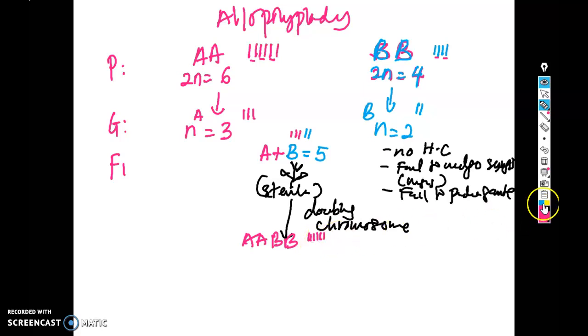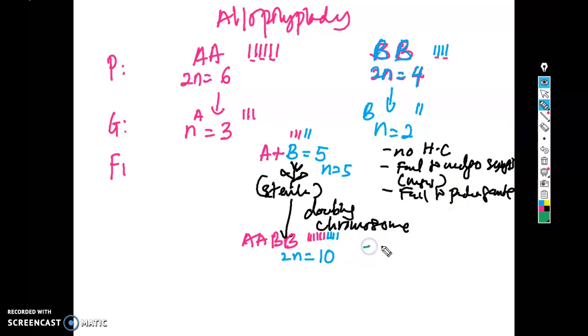All have homologous chromosomes. So this one is n, n equal to 5, because this individual has no homologous chromosomes. After doubling we produce 2n equal to 10.